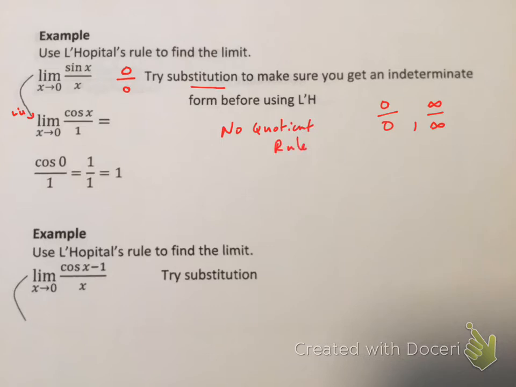So the derivative of sine is going to be cosine, the derivative of x is going to be 1. Now we can still then take the limit of this expression, and that's going to be the answer. So she has shown the work right here with cosine 0 over 1, and the answer turns out to be a 1.